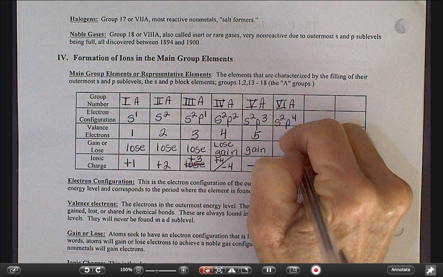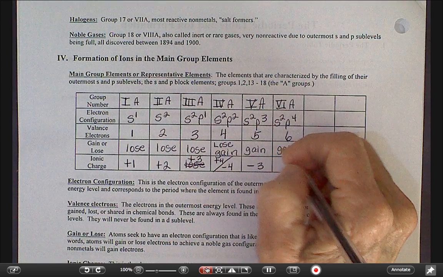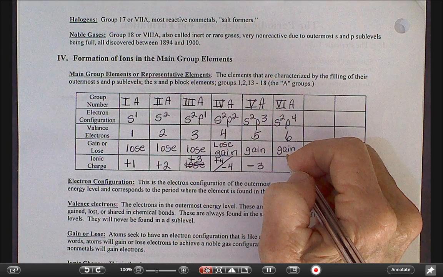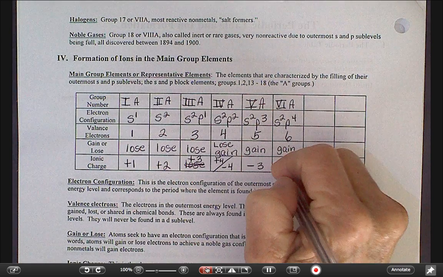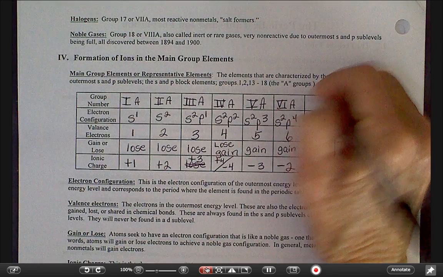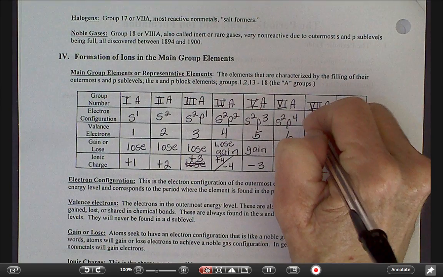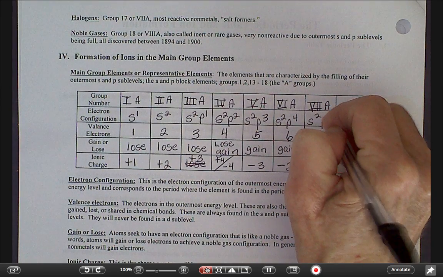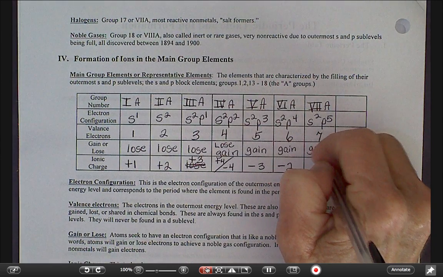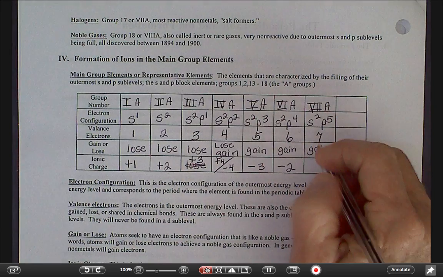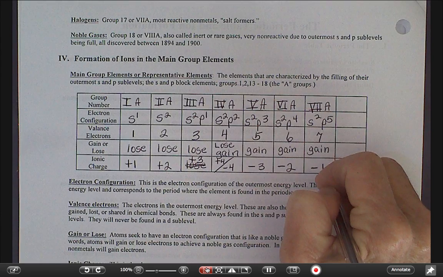They have 6 valence electrons. They will gain, the nonmetals gain, and have an ionic charge of -2. Group 7A is s2p5, have 7 valence electrons. They gain more electrons. Their group ionic charge is a -1.